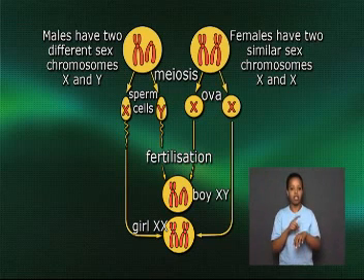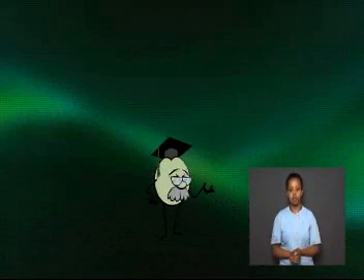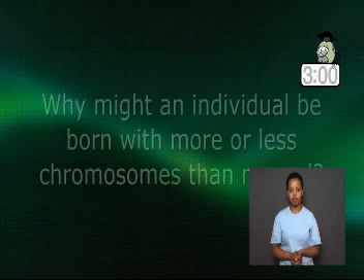Sometimes an individual may be born with an abnormal number of chromosomes. Students, why do you think that is? Form into groups and take a few minutes to discuss this question. Think particularly about what you have learned of the process of meiosis and how this might affect chromosomal distribution. Students, let's get ready. Begin.